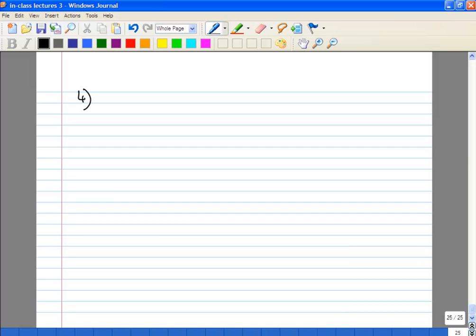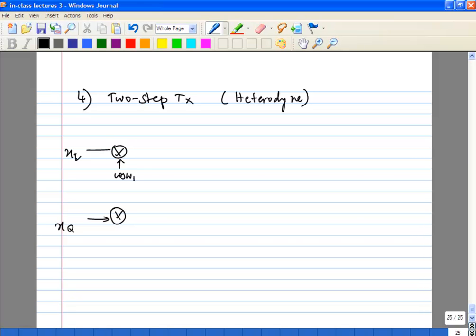And of course, the fourth kind is a two-step. We talked about direct conversion TX. The other kind is a two-step TX or a heterodyne TX. Okay? You may need a filter here.